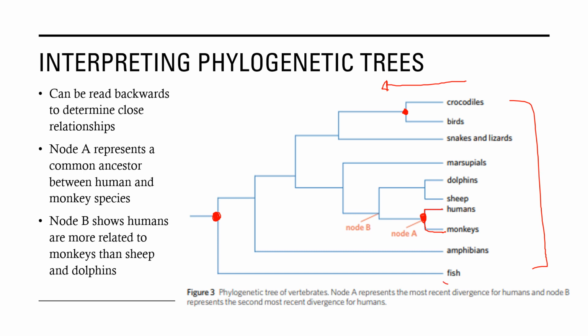So for instance, the fish in this scenario would be the oldest living species because its ancestor was right back at the start of this and it hasn't evolved since. The second oldest species would be our amphibians, which trace back to this node here. This node here is tracing back to our snakes and lizards and our marsupials. And then the closer we get to those end leaves, the more recent those species are.